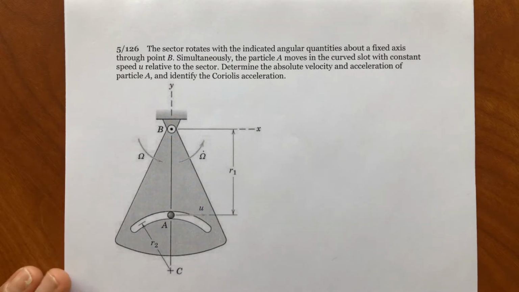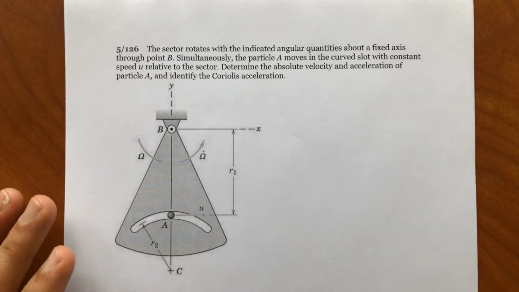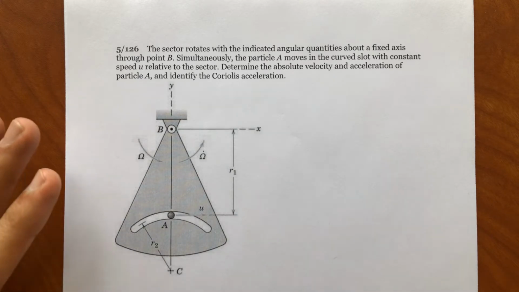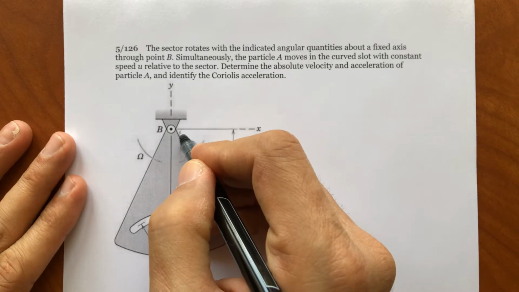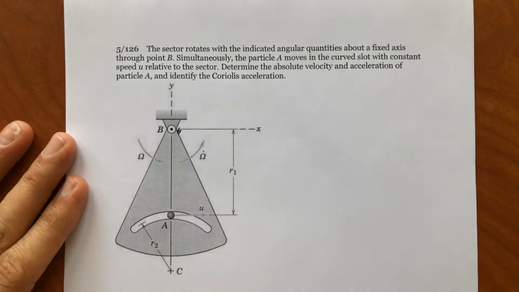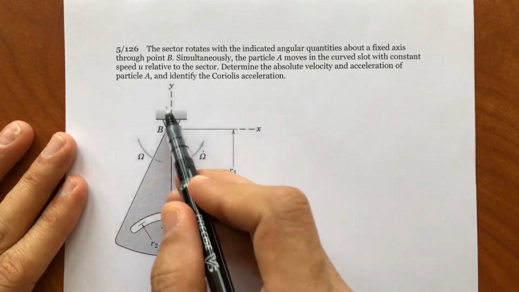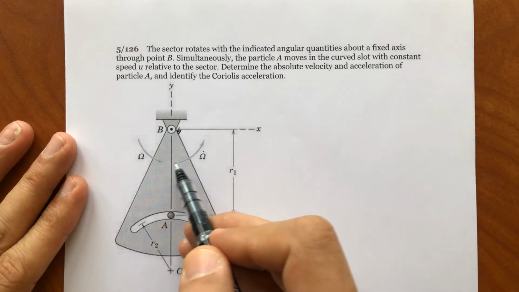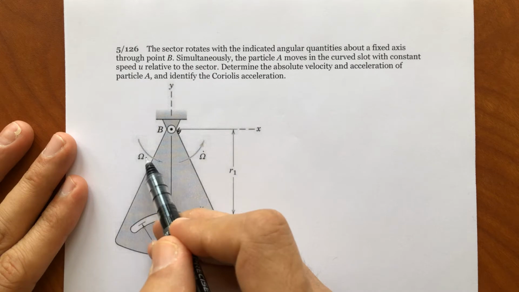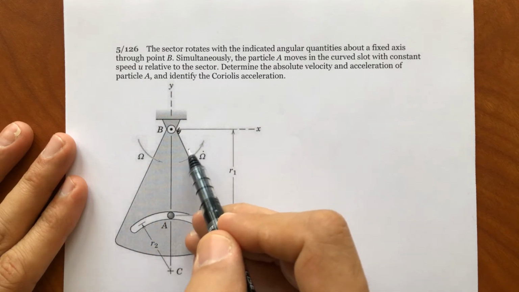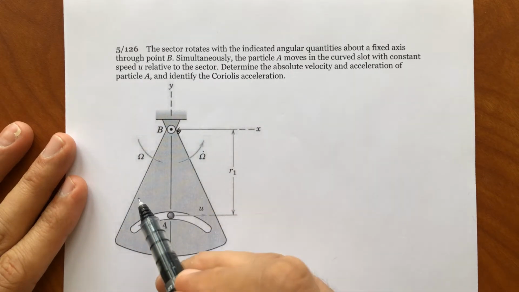So before I ask you to think about it, just imagine we have two coordinates here. This is a small x and y coordinate. Let's say it is stuck to this sector. So this coordinate x and y is rotating with this object, with angular velocity of Omega and angular acceleration of Omega dot.